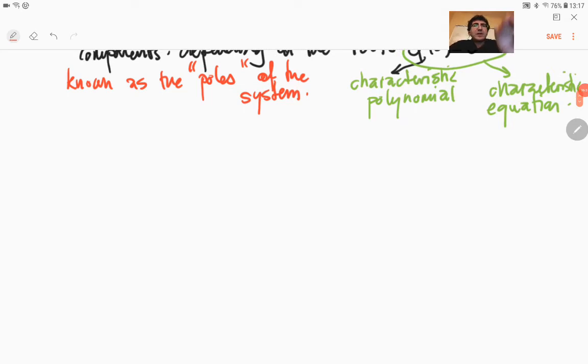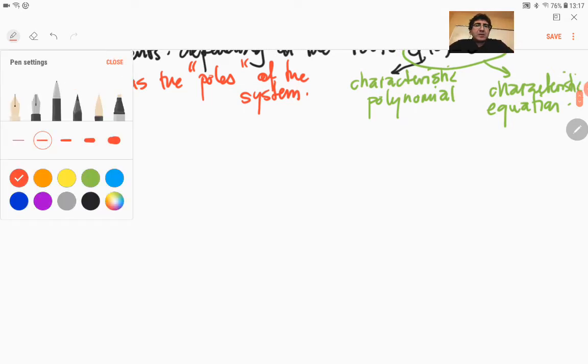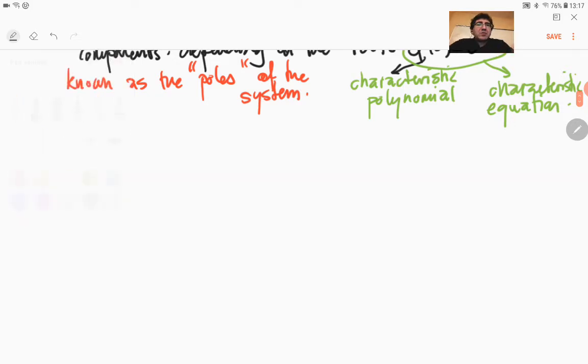All right. So now conceptually, we have previously discussed that these poles, the roots of the characteristic equation, determine very important properties of the system, because the behavior really depends on those poles, whether they are real or complex conjugates and so on.